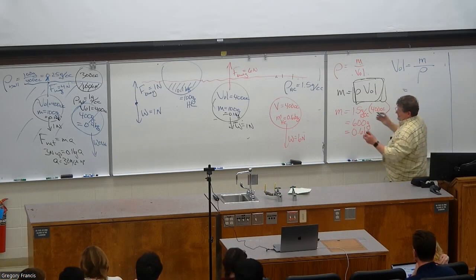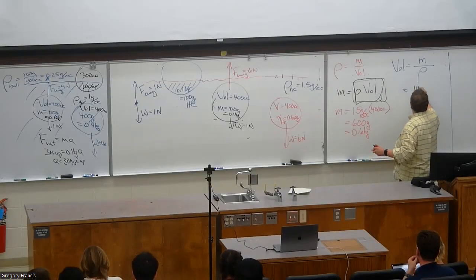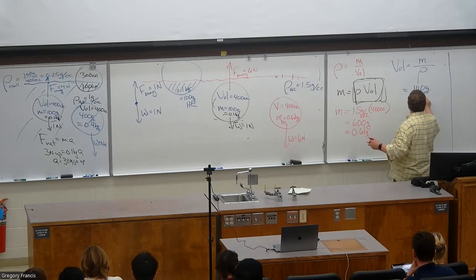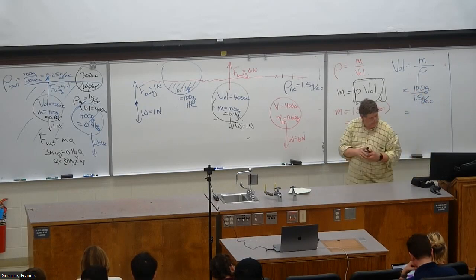So I want 100 grams of heavy cream displaced. Heavy cream has a density of 1.5 grams for each cc, and that's going to tell me how many.